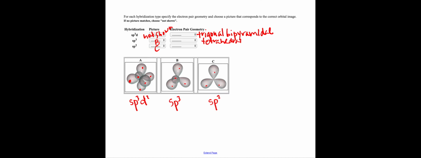So in here we would want to put trigonal bipyramidal. SP3, and it goes with tetrahedral. SP2, same thing, we would look at our resource sheet, trigonal planar.